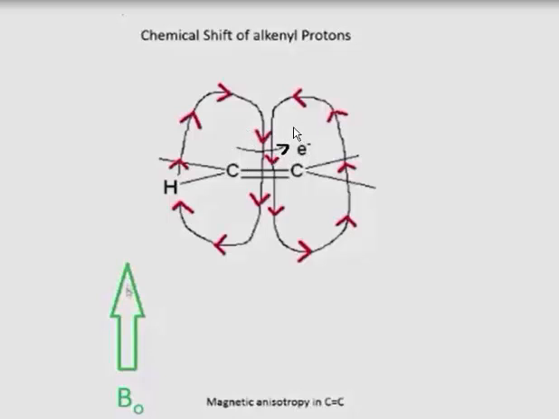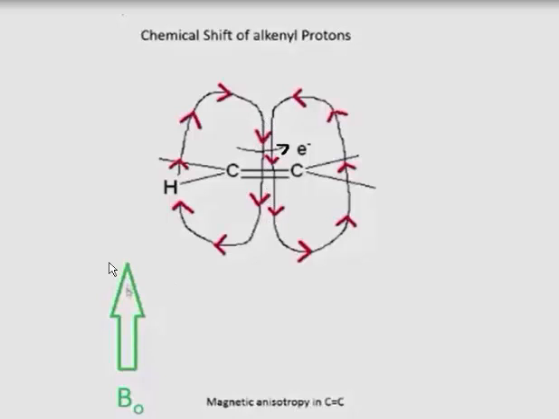The circulation creates a secondary magnetic field, a set of magnetic field line loops shown in the diagram. The red arrows show the direction of the magnetic field line loops. If you're right in the center of the double bond, the direction of the secondary field is down, note, in a direction that opposes the applied field.